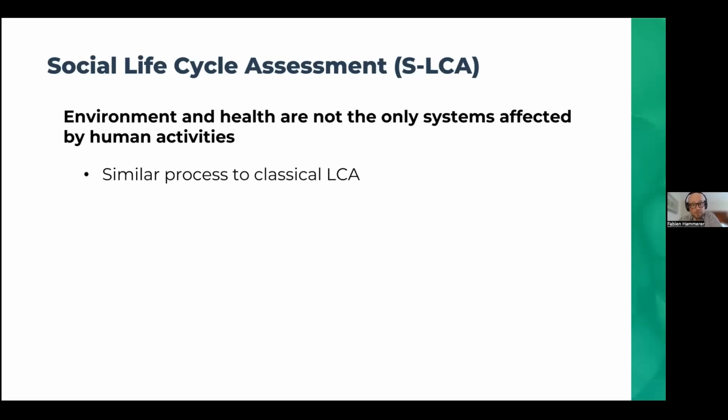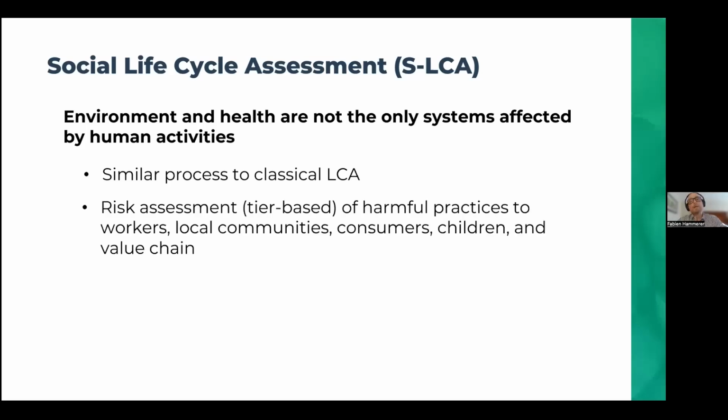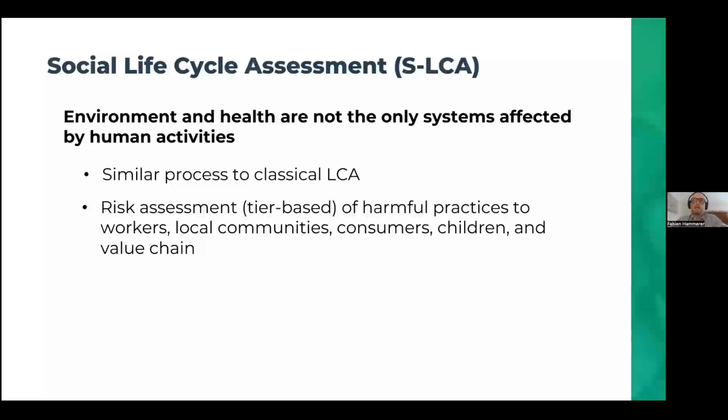So the process is similar to a classical LCA, where you go through all the processes within system boundaries and try to evaluate the impacts of each of these. In that case, the social impacts are typically risk assessment evaluations, often tier-based, of the harmful practices to workers, local communities, consumers, children, and the overall value chain.